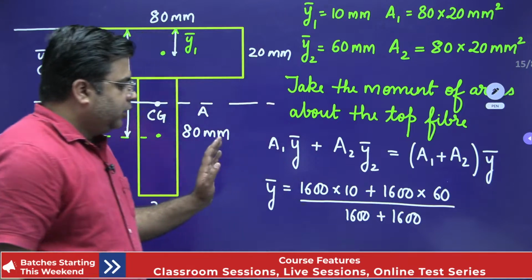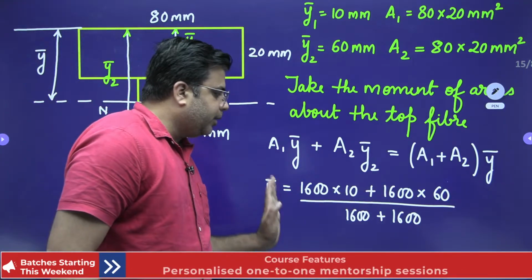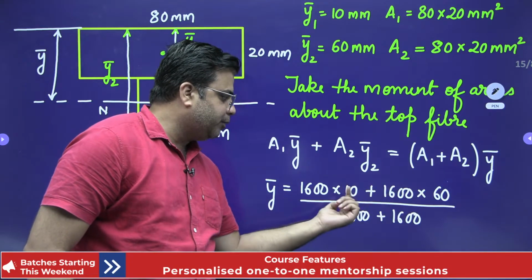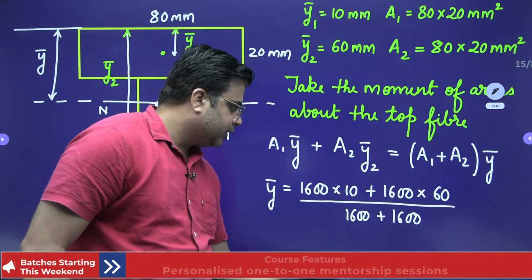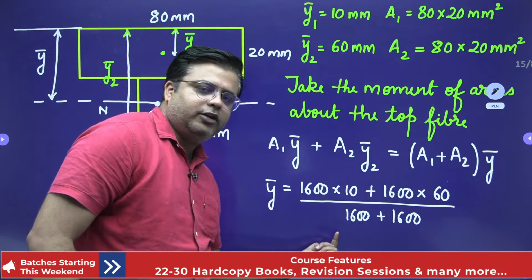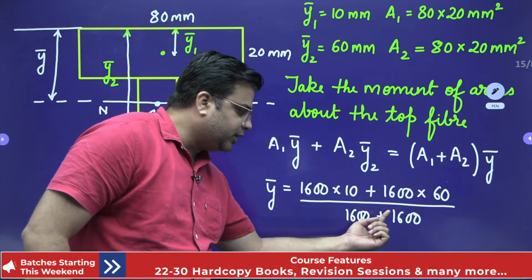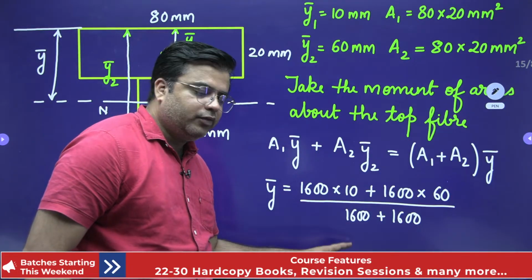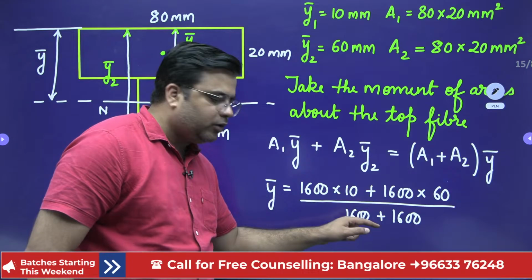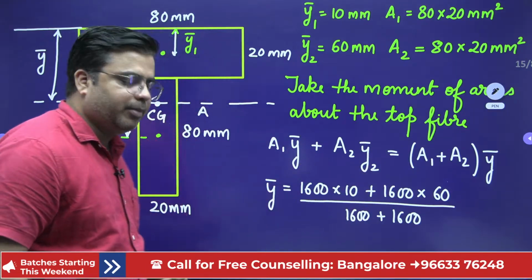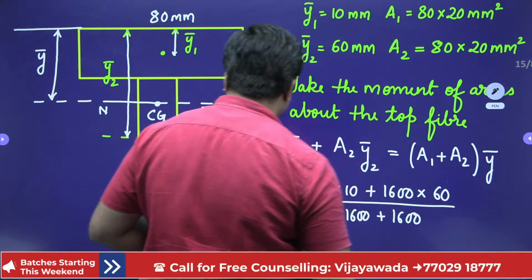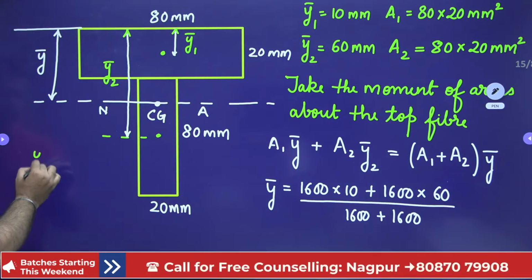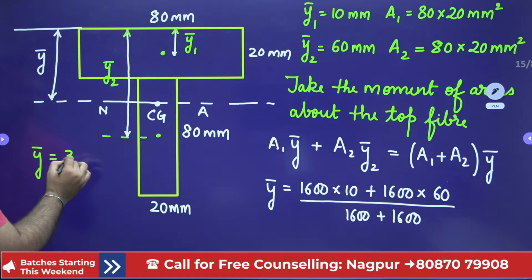If you take 1600 common, you are left with 10 plus 60, which is 70. Take 1600 common from the denominator also, so you have 1 plus 1, 2. The 1600s cancel out and you have 70 by 2, which is 35 mm. So Y bar comes out to be 35 mm.